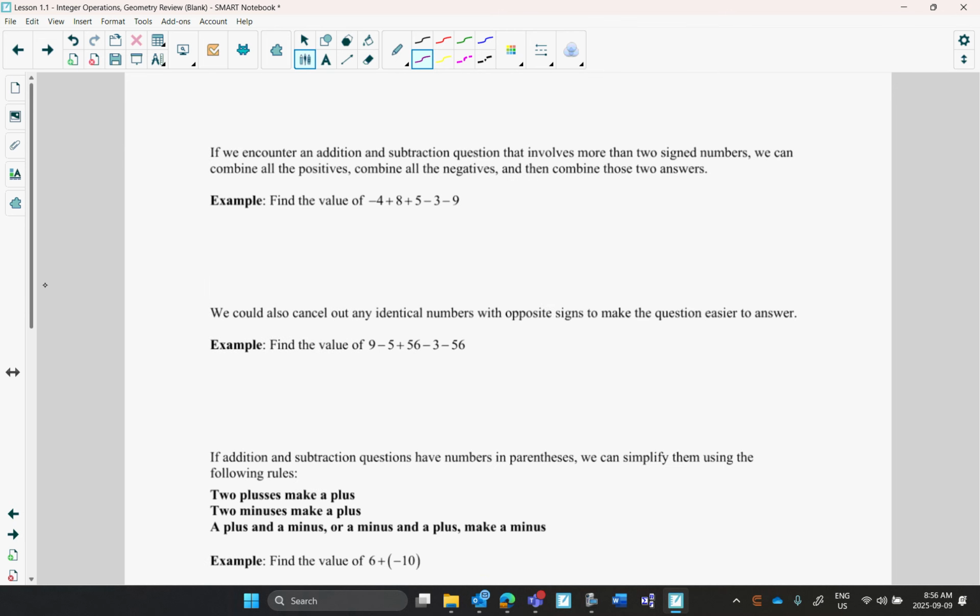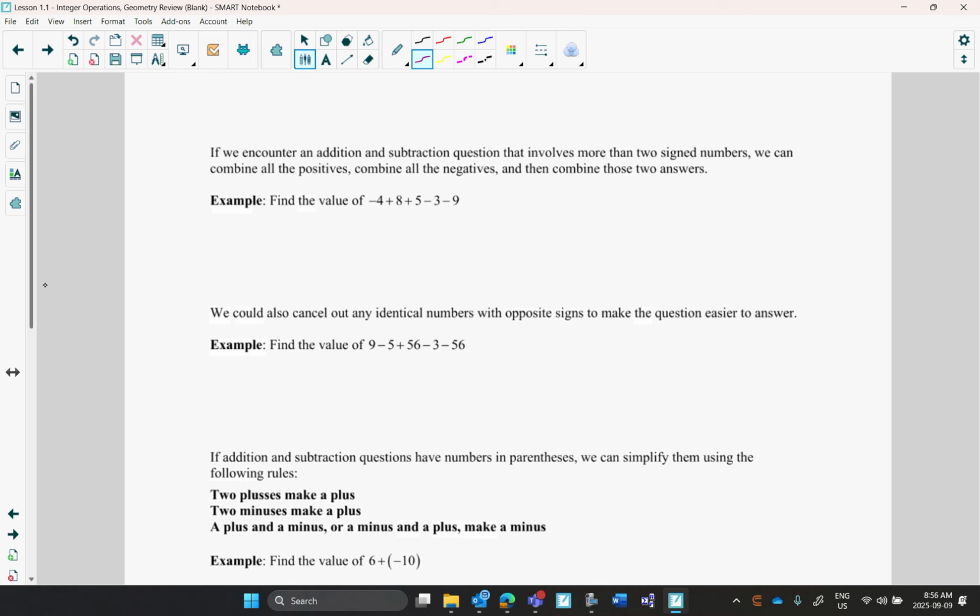What about if you're adding and subtracting a string of numbers? You can start from the left and move to the right, so you can go -4 plus 8. Get that answer, then add 5. Get that answer, then -3. Get that answer, and -9. That'll work. Could you add all the minuses together?